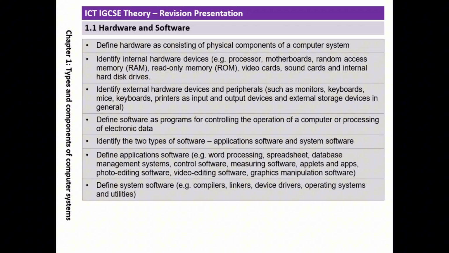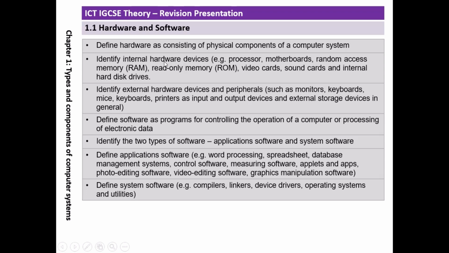So if I zoom in, at the end of this video, I'll have talked about hardware and software. The most important things I'm about to cover: define hardware as consisting of physical components of a computer system, and then identify internal hardware devices.